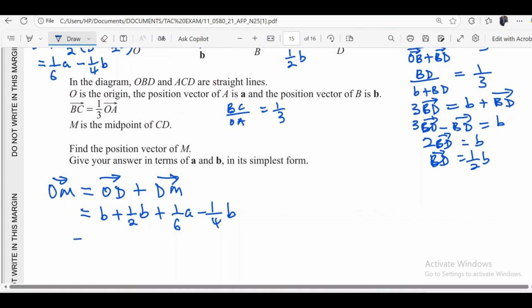So let's have 1 over 6 a, and b plus half b is 3 over 2 b, minus 1 over 4 b.